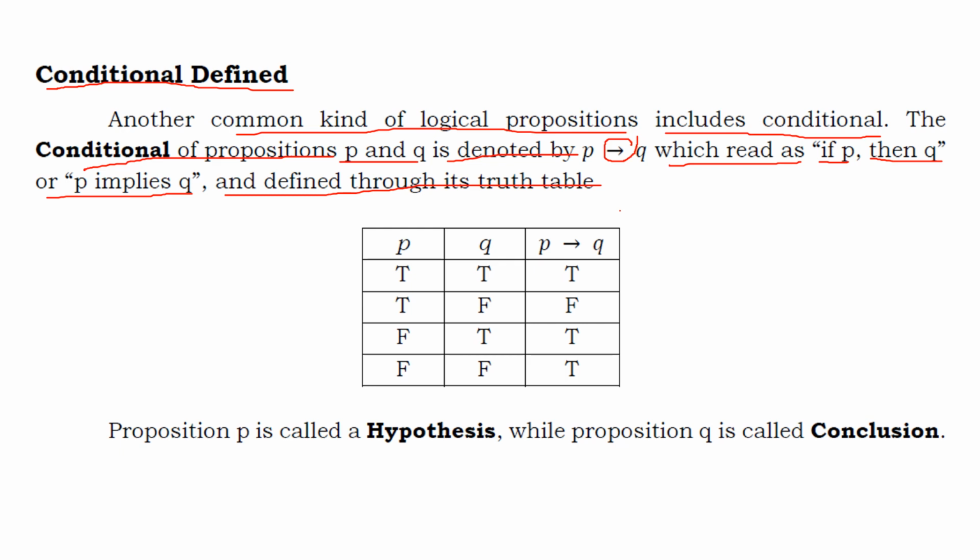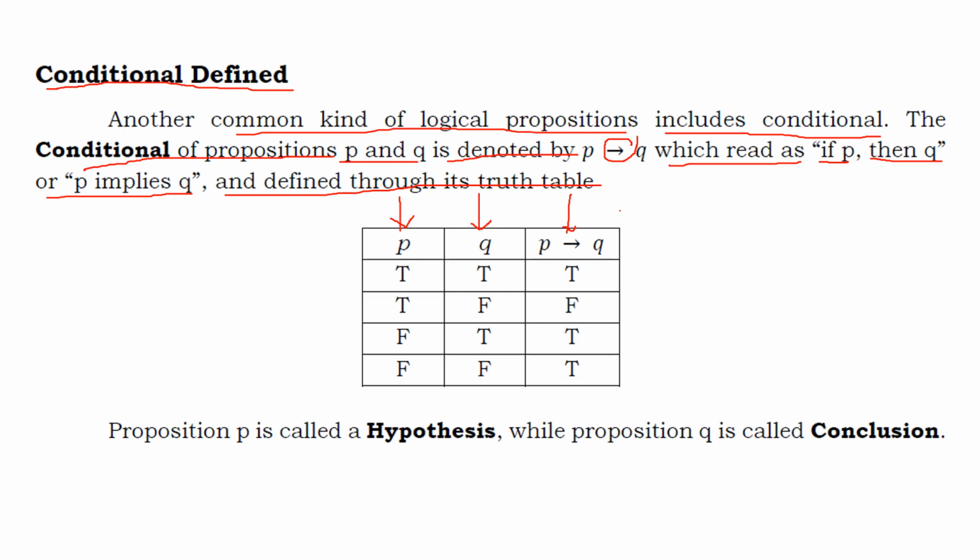In the first column, this represents the truth value for your proposition P, the second column the truth value for your proposition Q, and the third column the truth value for your P implies Q, or the conditional of propositions P and Q.